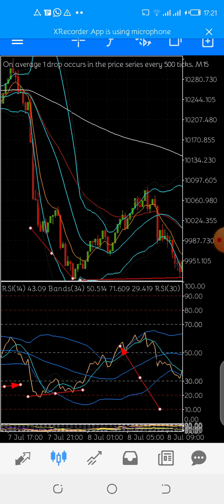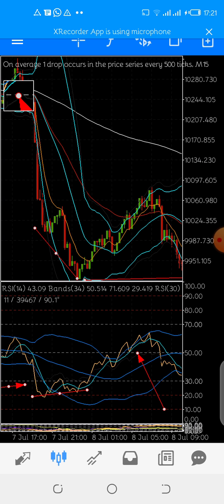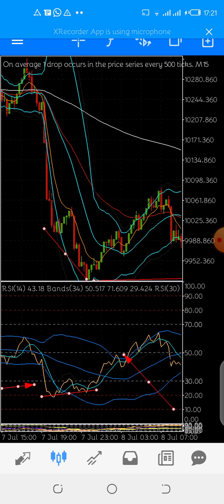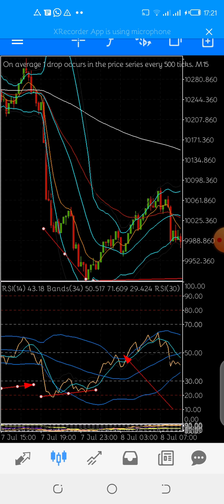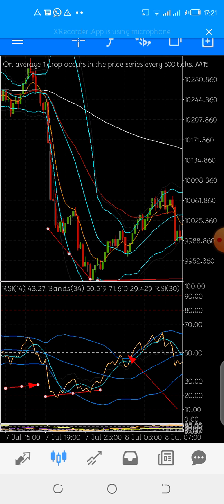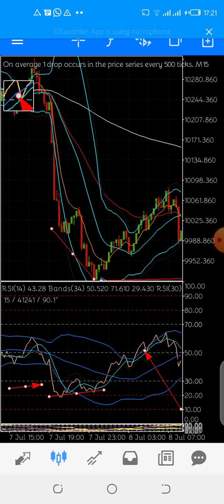Anytime this TDI window, this blue line, this Bollinger Bands is above level 50, we know we've entered officially into a buyer's area zone. So if the RSI is outside of the Bollinger Band, this is what I'm talking about, where I just pointed out earlier.